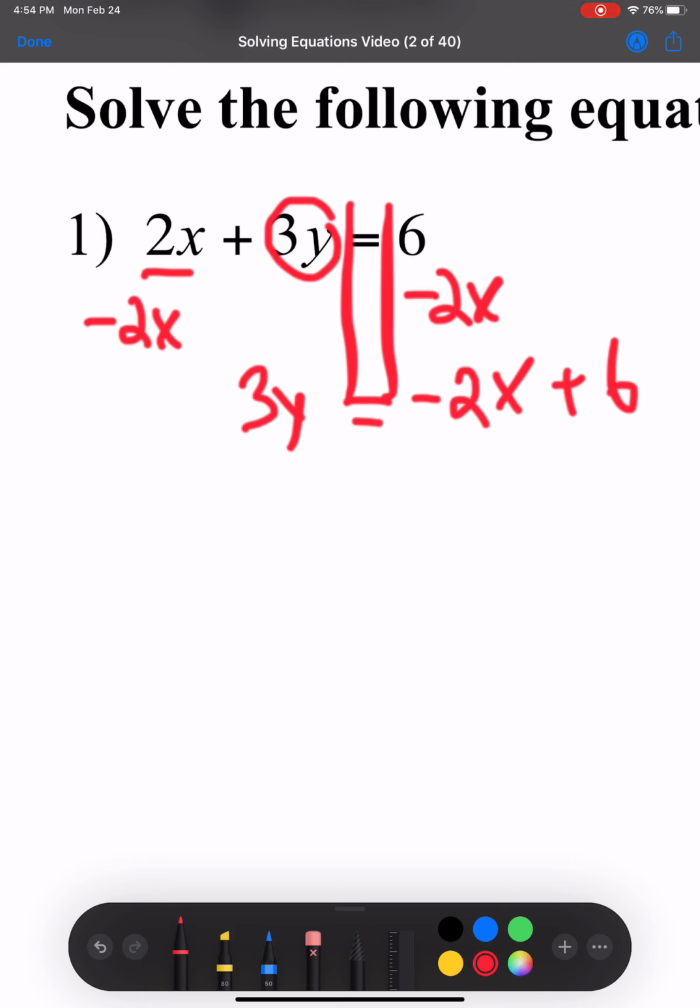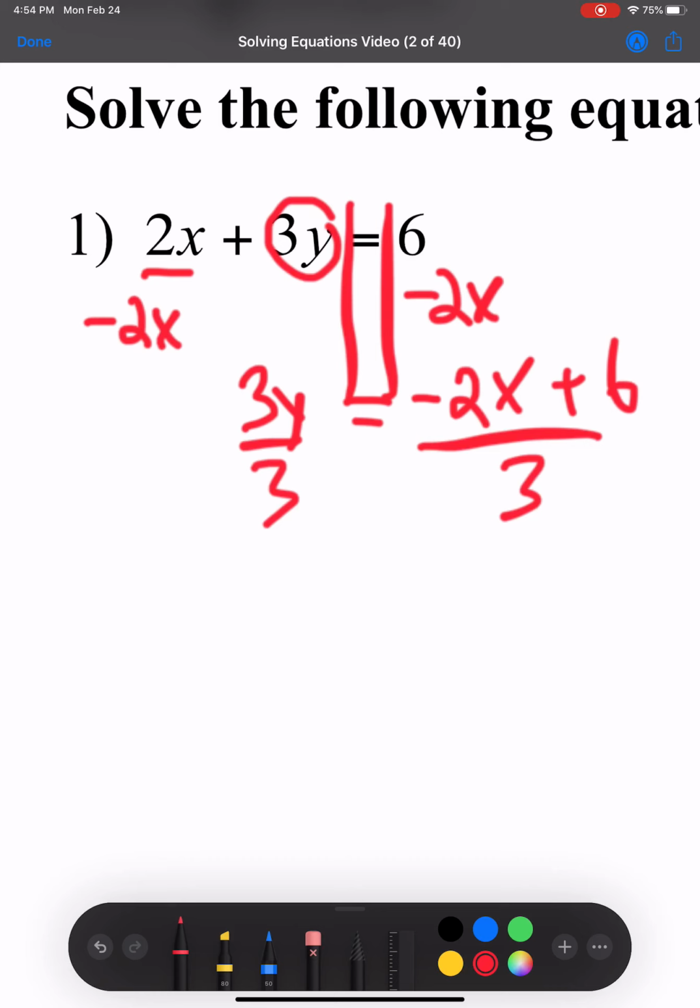Again, we're adding or subtracting first and then multiplying or dividing. So if we look at the left side and we need to solve for y, we have to get rid of the 3. And since it's 3 times y, we are going to divide both sides by 3. I'm going to rewrite the right side so we can see this two ways.